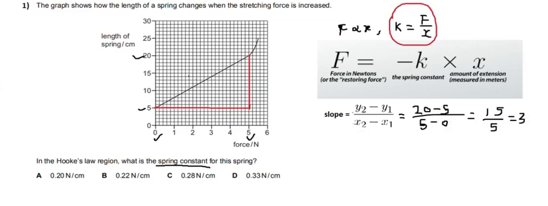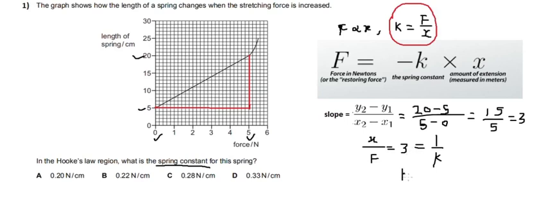Here the y-axis is the length, which I can express with the letter x, and the x-axis is the force. So the slope is x divided by force, which is 3. And what is the spring constant? It is F divided by x. So this slope should be equal to the reciprocal of the spring constant, because from the formula the spring constant is F divided by x, and from this slope we are getting x divided by F. They are reciprocal to each other, so it should be 1 by k.